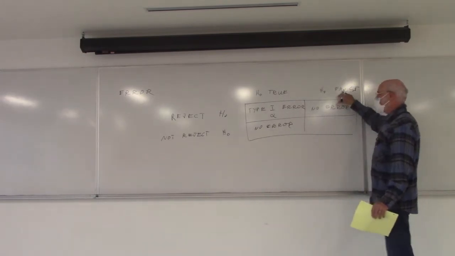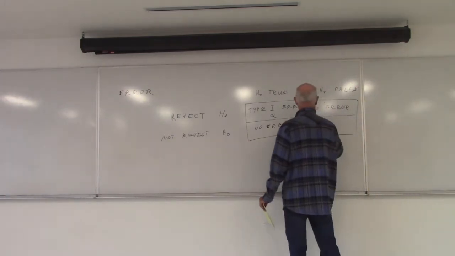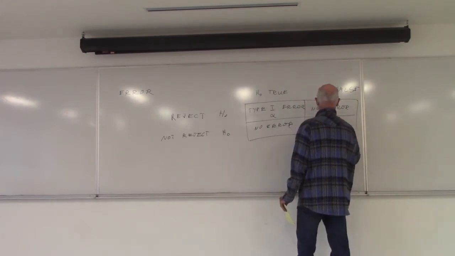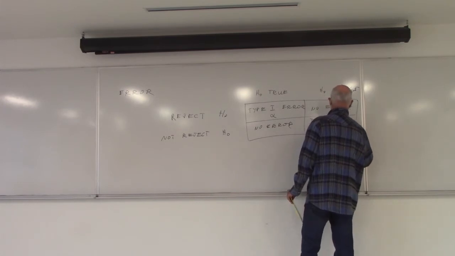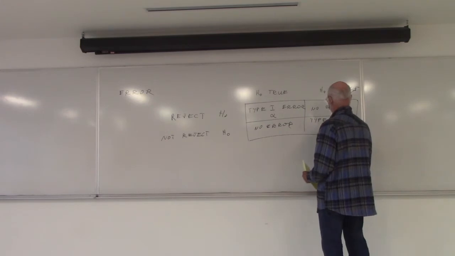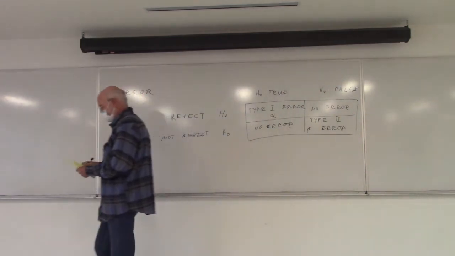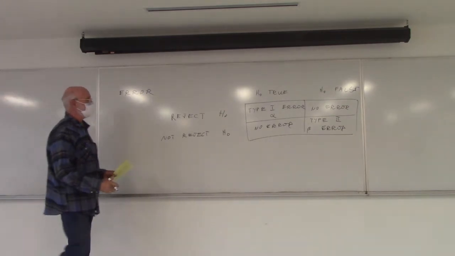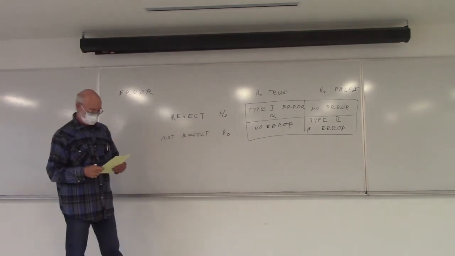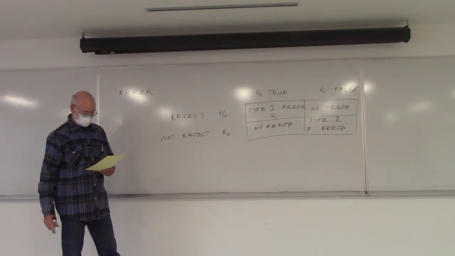If H naught is false, but you don't reject it, that's called a type 2 error. Okay? And a type 2 error occurs with the probability beta. Okay? So we can control the type 1 error rate by controlling alpha. Okay? The problem is, how do we control beta?